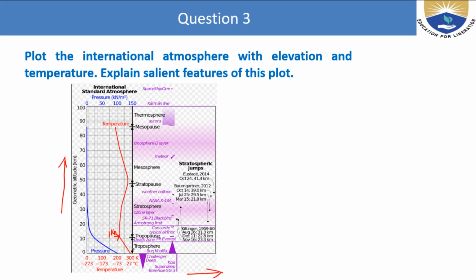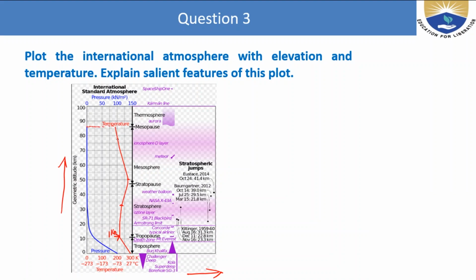In the troposphere, as the altitude is increasing, temperature is decreasing. If you go to the stratosphere, sometimes it is constant, and after that temperature is increasing up to the stratopause. From the stratopause, if you reach the mesosphere, in the mesosphere again the temperature is decreasing, up to nearly 85-87 kilometers.